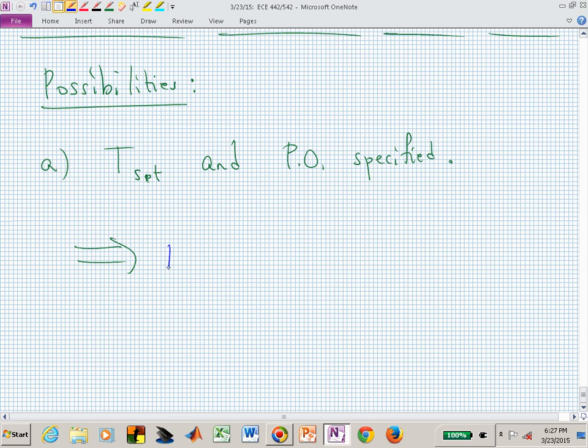If somebody gives you a settling time spec, what does that lead to in terms of a picture in the z-plane? That's the radius. That's our r value. So now we know an r value. And what if somebody now gives us a percent overshoot? That leads to a logarithmic spiral, a zeta.